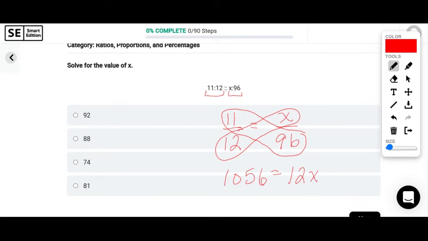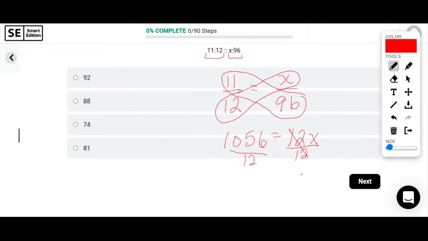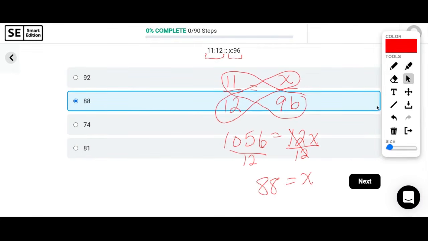Okay, so now from here, I need to just divide. The opposite operation of multiplication is division. So if I divide each of these by 12, I will figure out that x is equal to 88. Okay, x equals 88 would be my answer for this ratio.